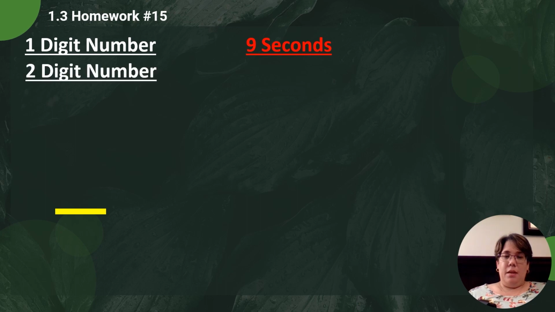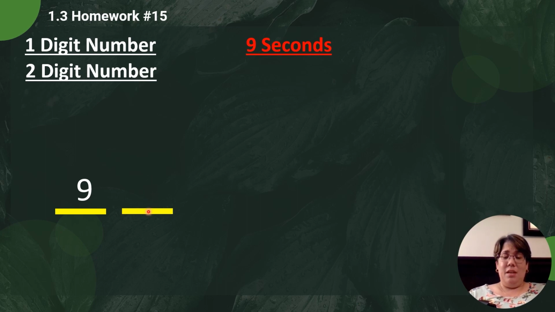Now, when we look at two-digit numbers, we're going to have some different options on this. So thinking about all of the numbers that can be in this first blank, that's going to be the digits 1 through 9. So we have 9 choices, right? But now in the second blank, you actually have choices of 1, 2, 3, 4, 5, 6, 7, 8, 9, or 0 that can be in the second blank.